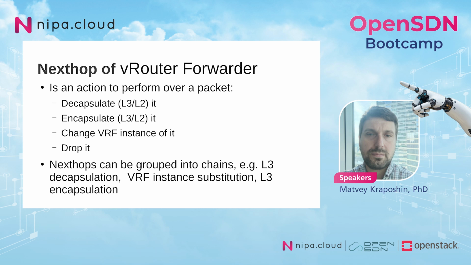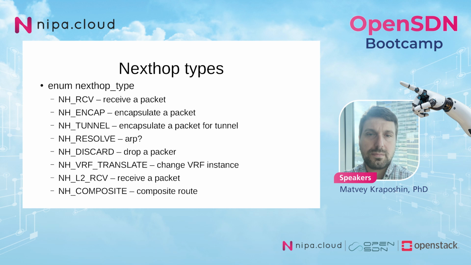In this case, these next hops are grouped one after another like a singly linked list. The types of next hops presented on this slide are just names of constants in C code.